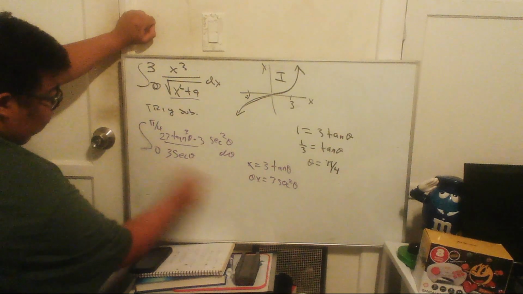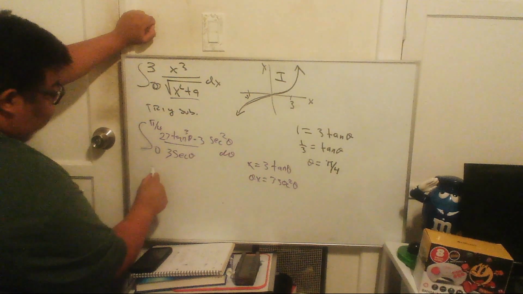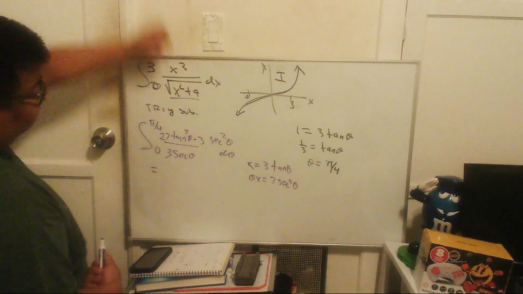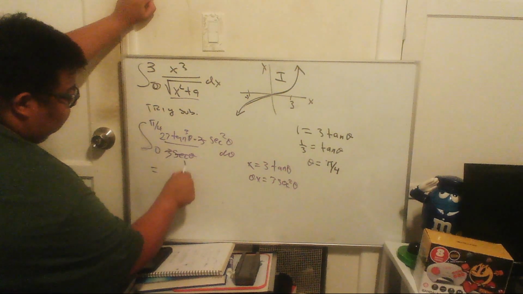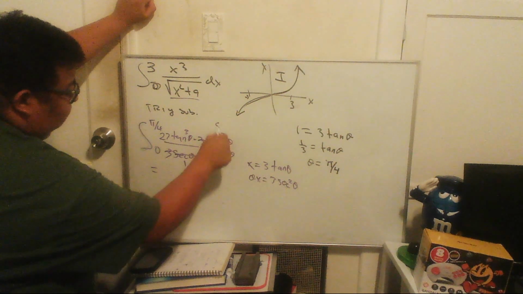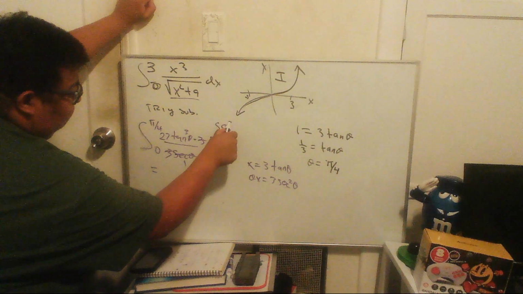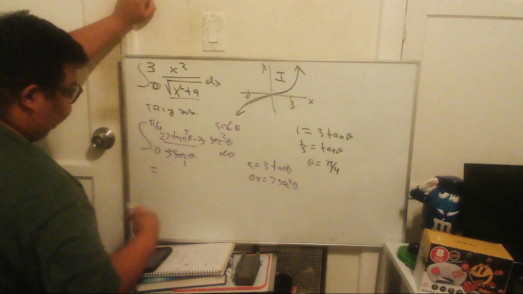Okay, so now this is the new integration that we have to do in order to solve the original integral. So these 3 cancel with this, one of these cancels with this, so we're left with secant theta.